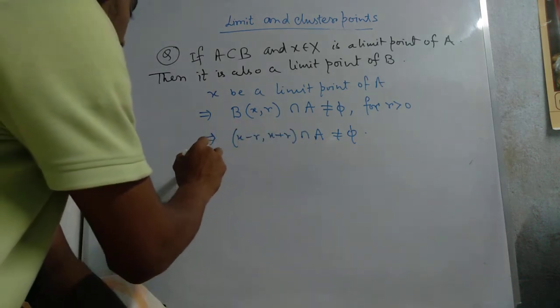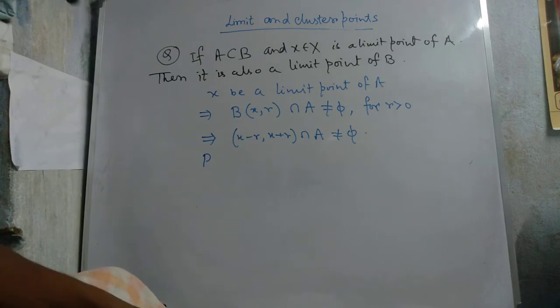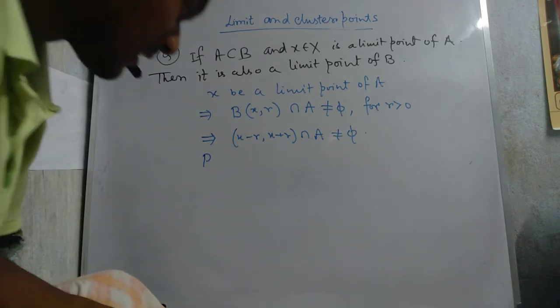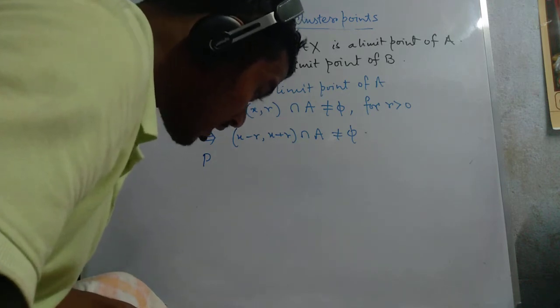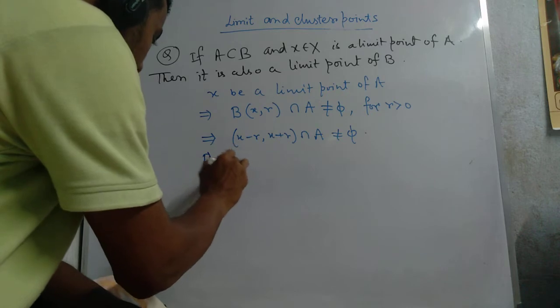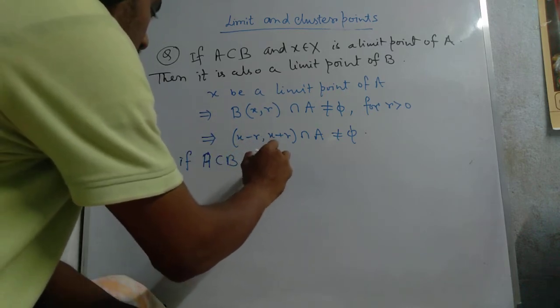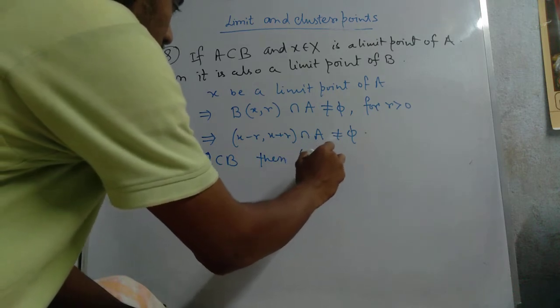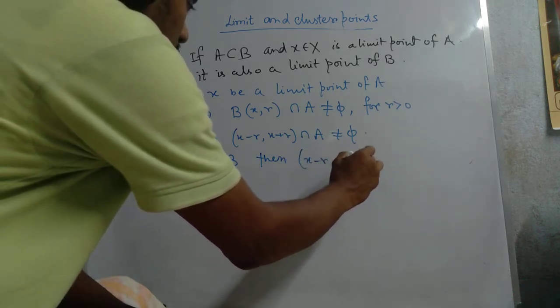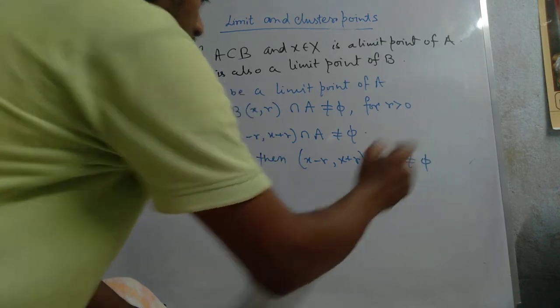Obviously here A is a subset of B. If A is a subset of B, then (x minus r, x plus r) intersection B is not equal to empty set.